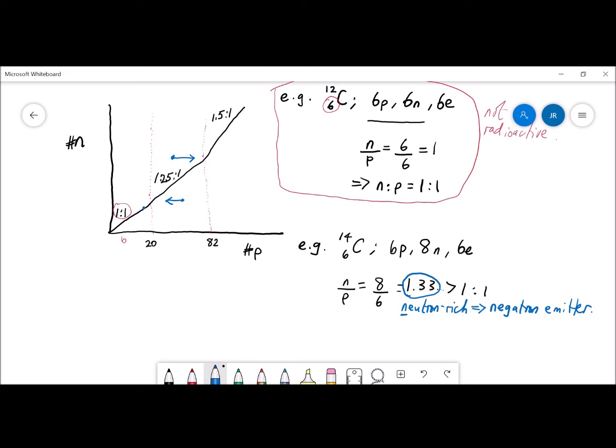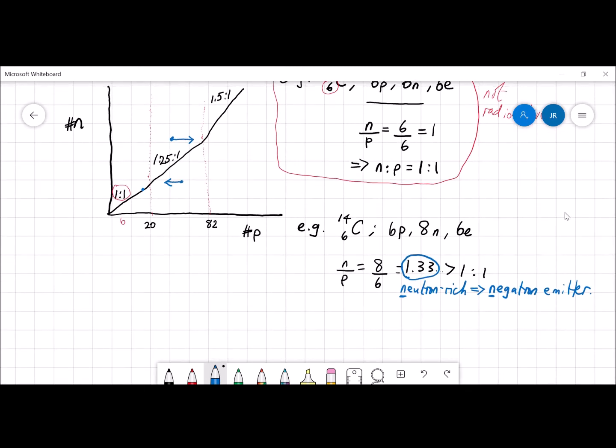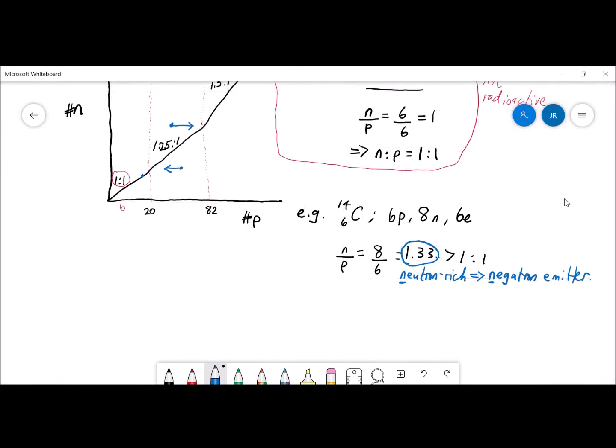And you can just remember N, N. So let's recall, for the benefit of those that haven't watched the previous videos on negatron emission, what we mean by negatron emission. Well, by negatron emission, we effectively want to lower the number of neutrons, right? We're neutron rich, so we want to decrease the number of neutrons.